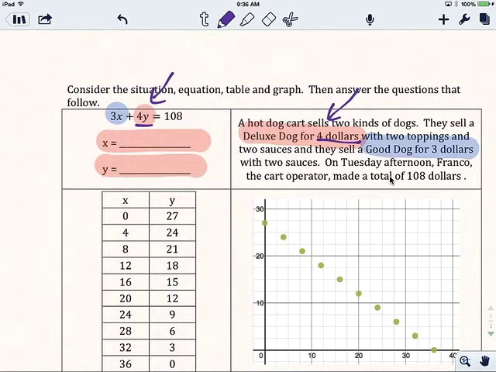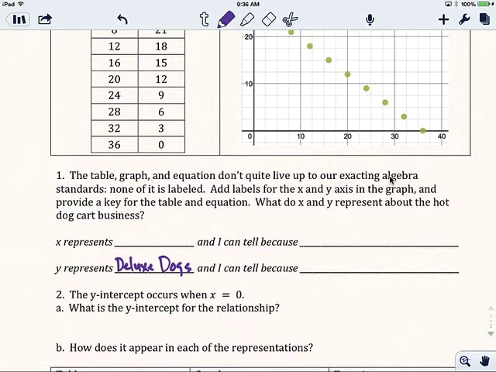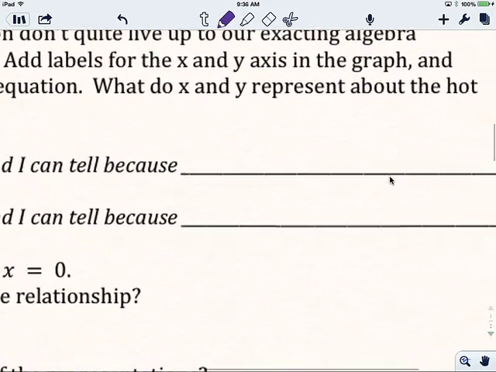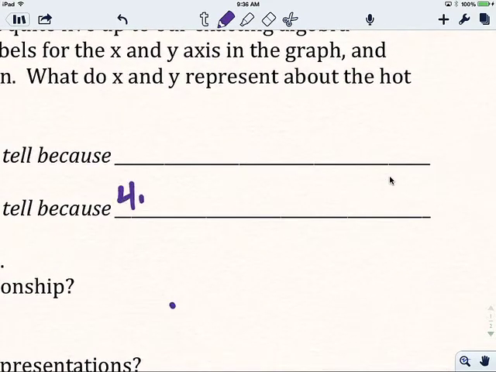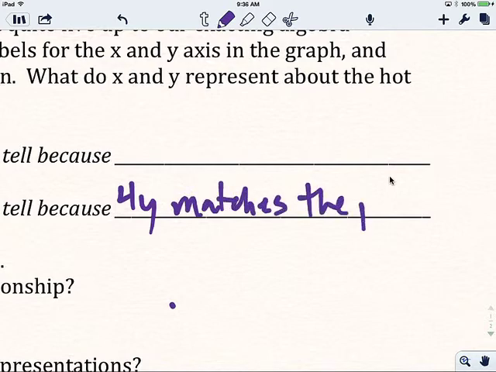And so I know that coefficients are rates and rates show up next to their variable, so I think that's how they're related. So I'm going to summarize that by saying y represents deluxe dogs. I can tell because 4y matches the price of $4.